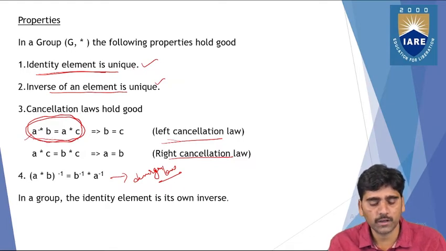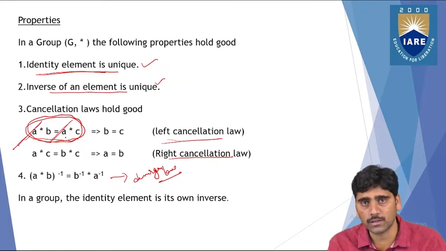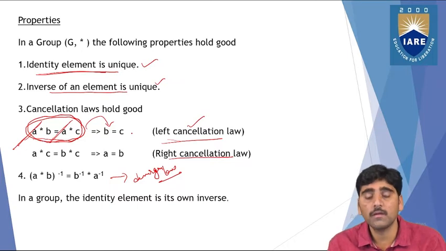Here the left side elements are A, A. A has to be cancelled by using this left cancellation law. Then the result will become B equals C, by cancelling these left variables. Left variables are the left values, you can take any of them.